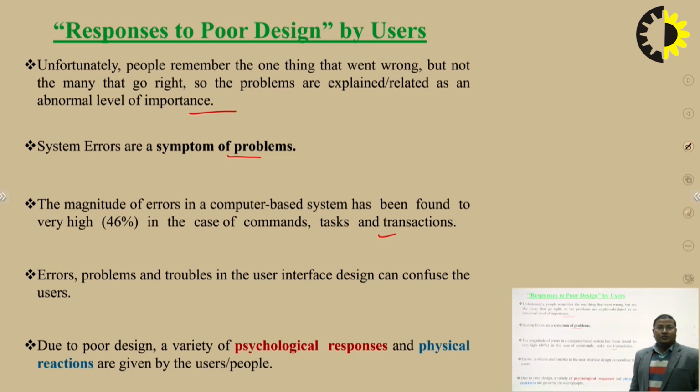So we should always minimize the errors. Errors, problems, and troubles in the user interface design can confuse the user. If there are more and more errors in the user interface design, then it will create confusion in the mind of the user. Due to poor design, a variety of psychological responses and physical reactions are given by the customer, by the user or people who are using that system.